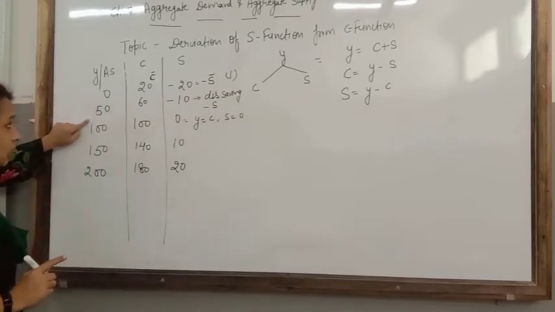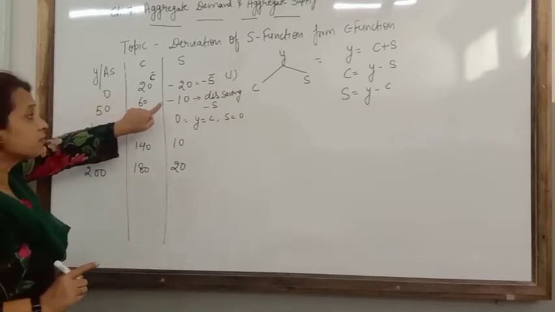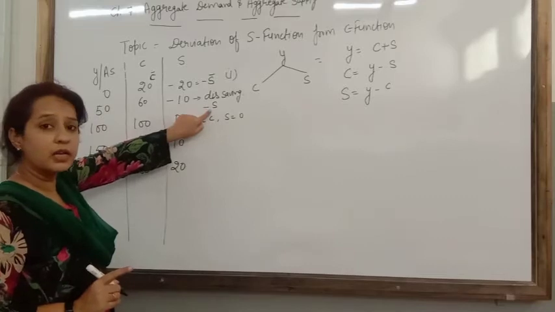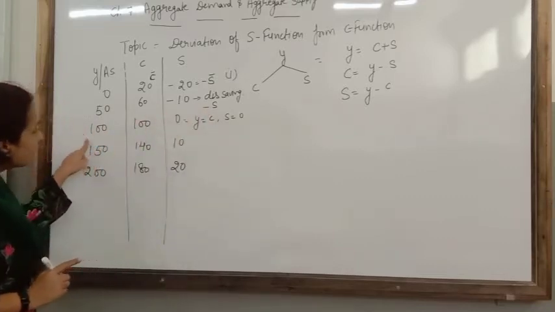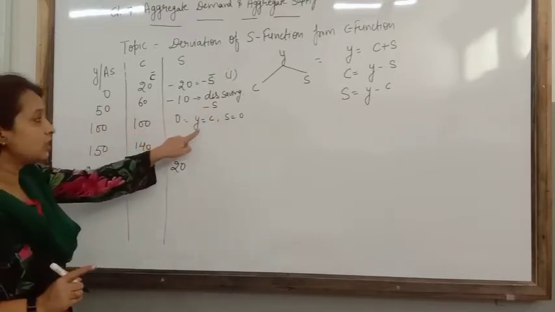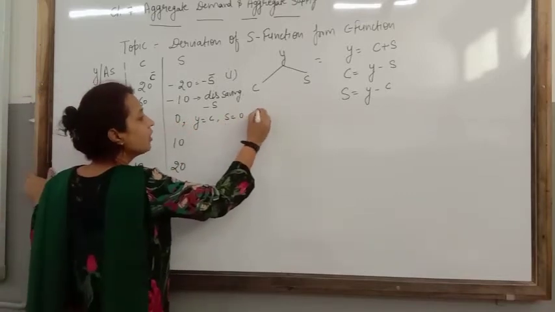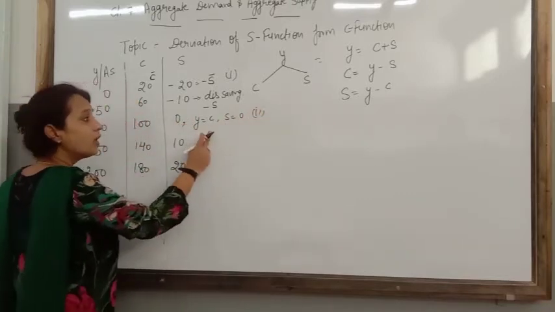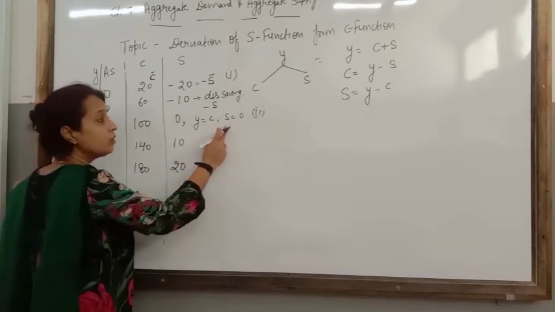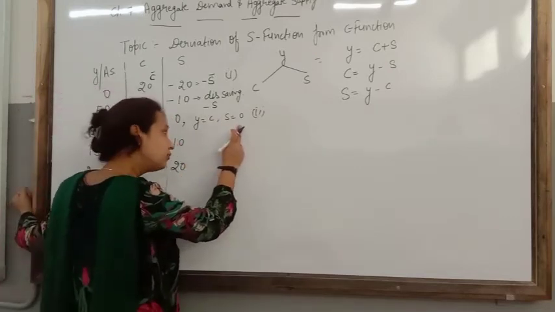If your income is still increasing, your consumption will increase, but this situation is known as minus saving. The second point: when your income and consumption are equal, your saving is 0.